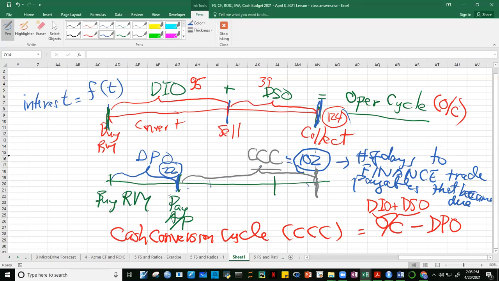So the bigger the cash conversion cycle, guys, the worse it is for the company kasi it tells us that it's not able to collect as fast as it should. And also, the other side of the story is it's required to pay its payables faster than it's able to collect the receivables. So may problema yan, guys.